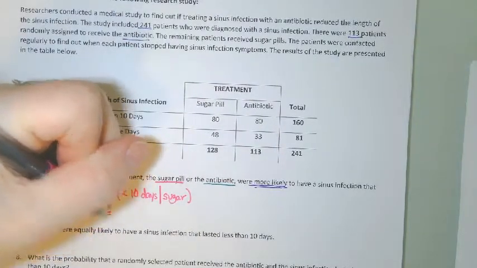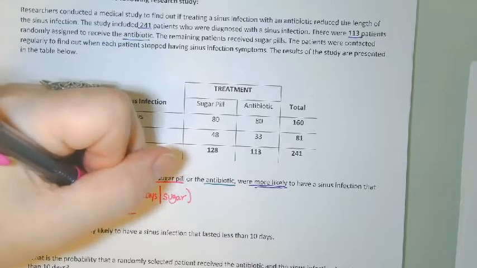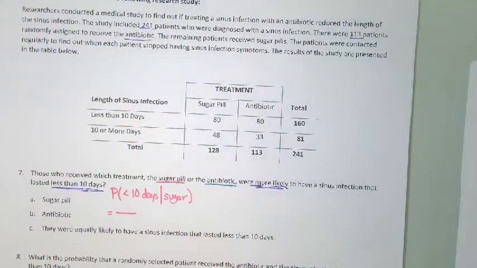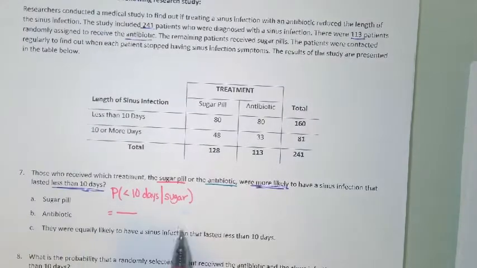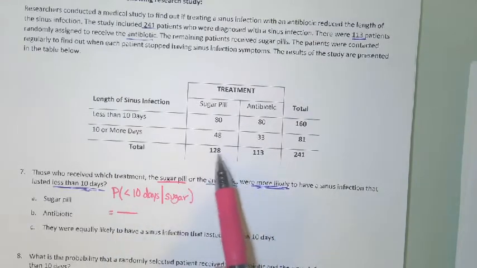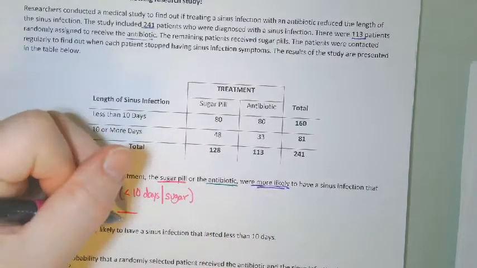Okay, so now to calculate, on the bottom we always have our total value, and in this case we're just looking for the total number of participants who took the sugar pill, which was 128. That'll go on bottom.